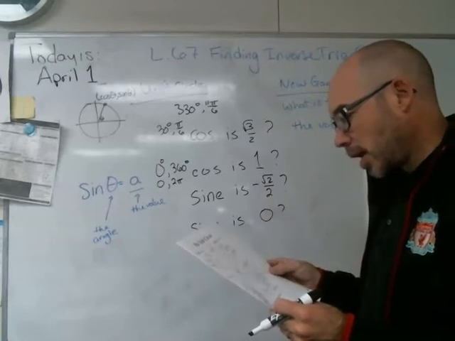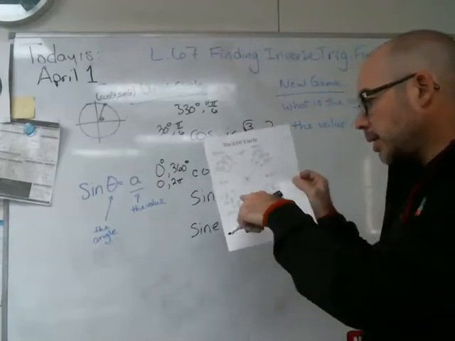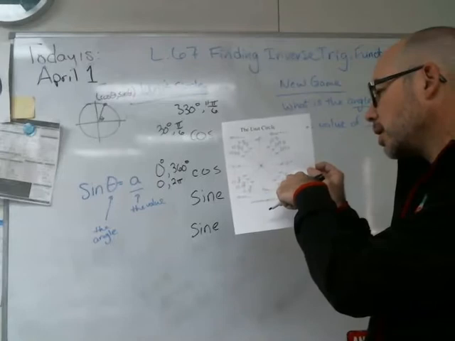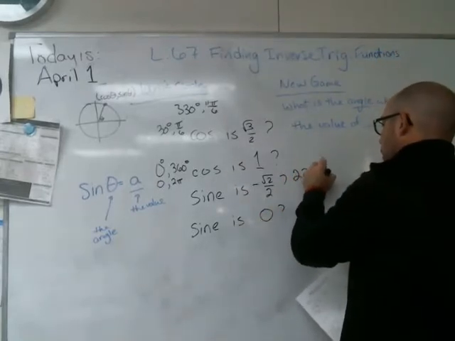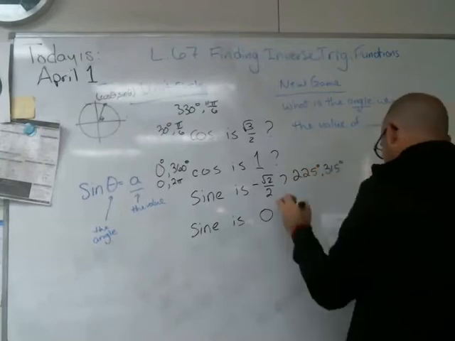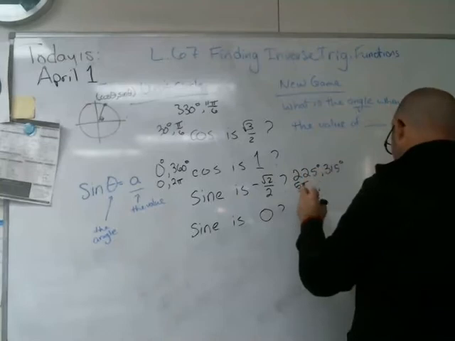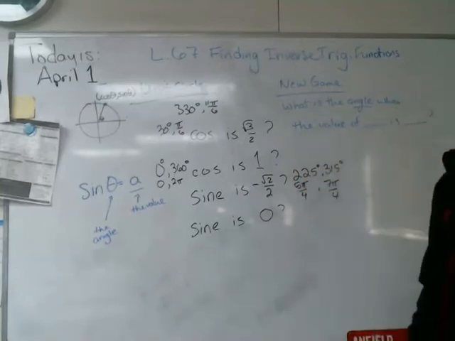That's looking for the y address, and I see it in 2 places, at 225 degrees and at 315 degrees, which is equivalent to 5 pi over 4 or 7 pi over 4.